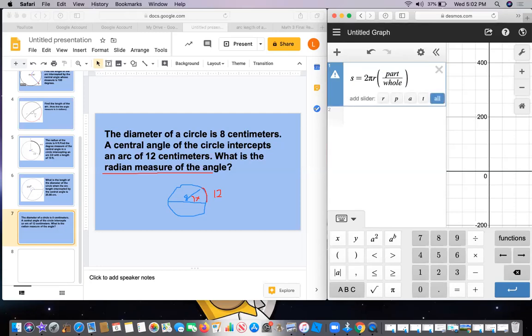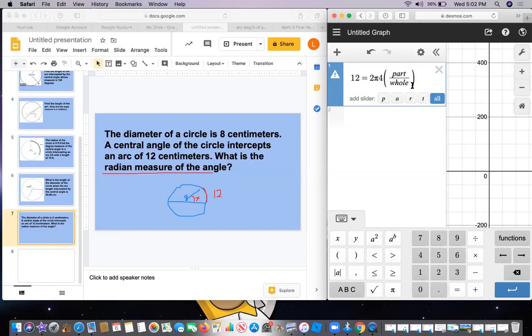So what we're going to do is put the arc length, which is 12, in place of your s here, because s represents the arc length. What's next? The radius here is what? Since the diameter is 8, the radius, the r, will be 4.